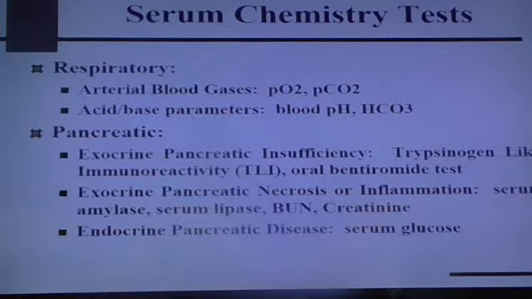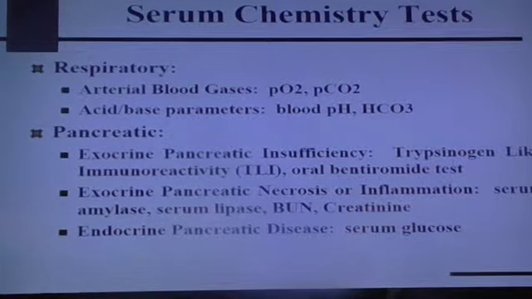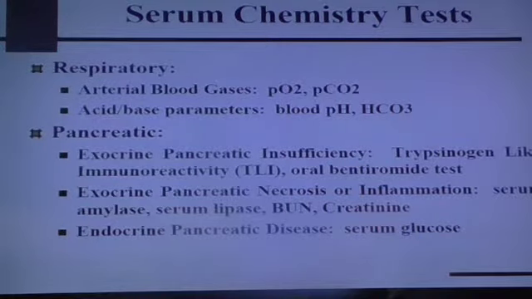Pancreas. What does exocrine pancreatic insufficiency mean? What's not working? It's the exocrine pancreas, right? Y'all made this more difficult than it really is. So there are specific tests, and there's the trypsinogen-like immunoreactivity, or TLI test. We'll get more of this when we talk about the exocrine pancreas.